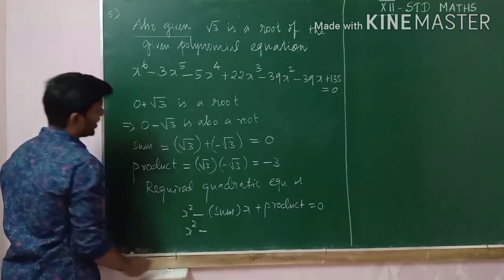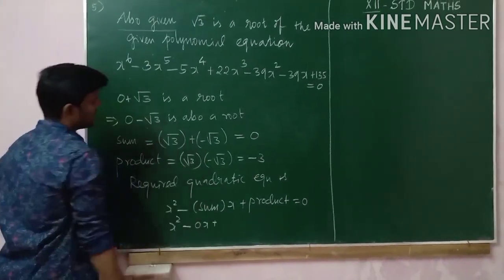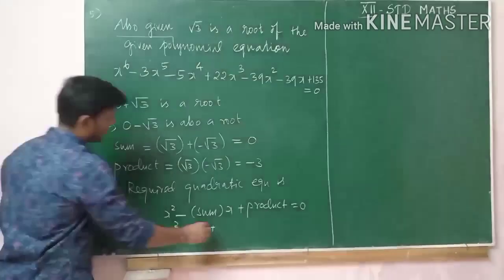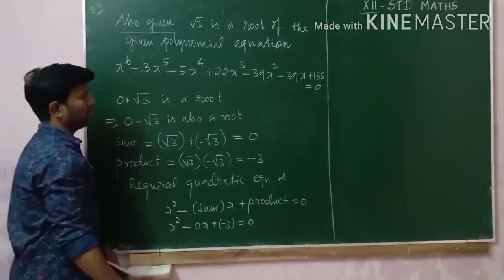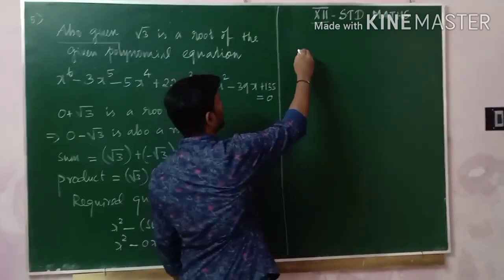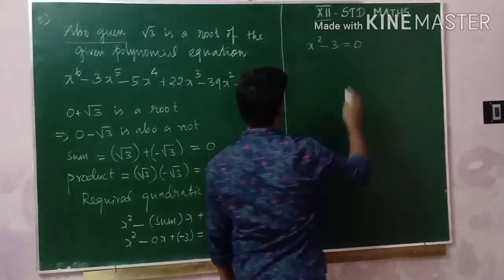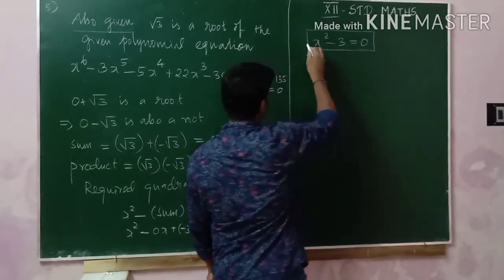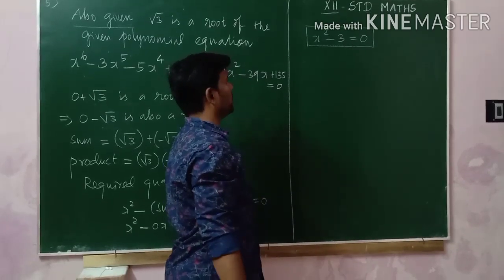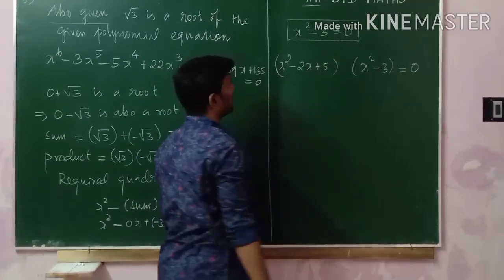So x square minus sum of roots 0 into x plus product of roots minus 3 equal to 0. So the required quadratic equation is x square minus 3 equal to 0. So this is the another required quadratic equation. We got a quadratic equation x square minus 3 equal to 0.